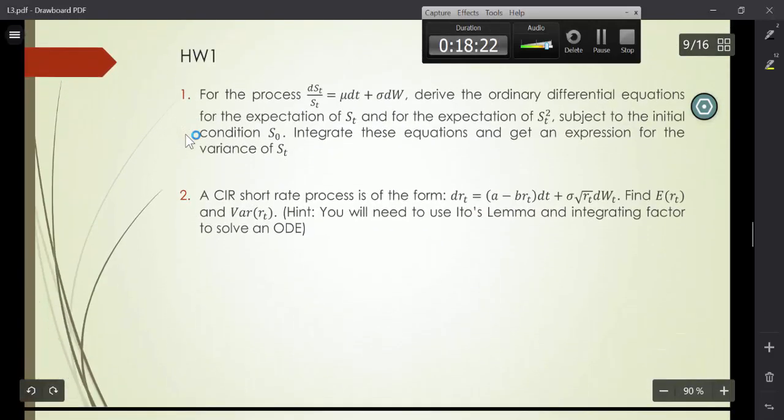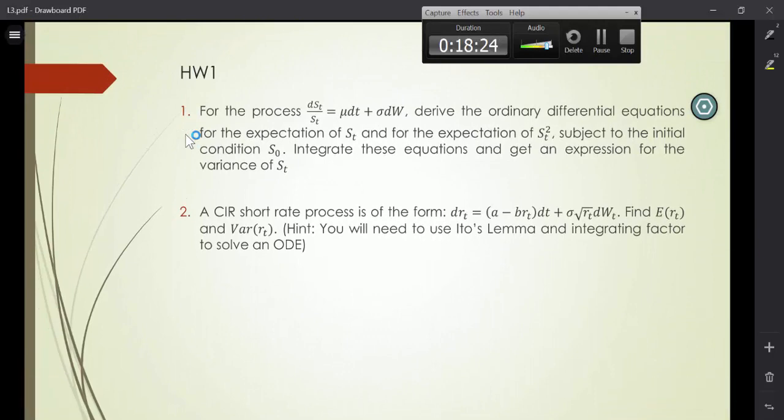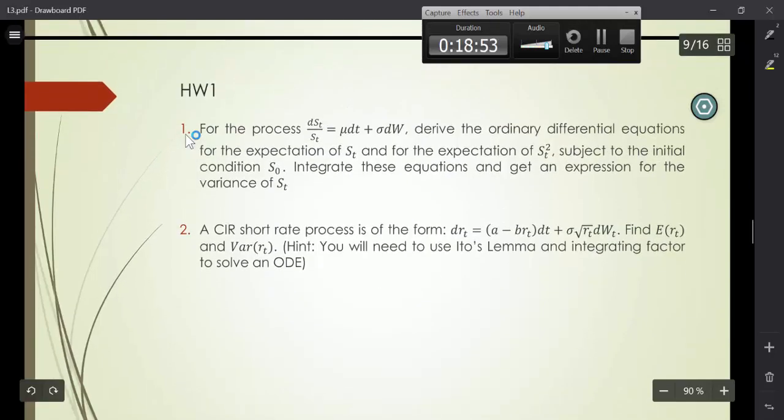Oh, here we are. On page 9, a CIR short rate process is of the form, this one, and find the expectation and the variance. Now, I think he covered that to some degree in the class. So what I want to do is take that one step further. I won't go through this one, but I'll show you something similar.